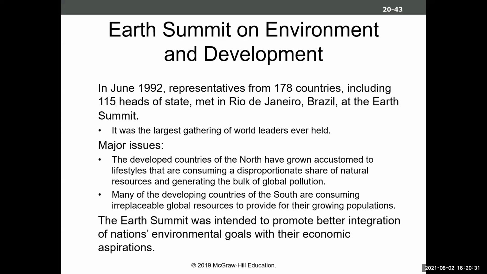So for example, you have the Earth Summit on Environment and Development. In 1992, you had 178 countries meet in Rio de Janeiro, and it was the largest gathering of world leaders ever held. They looked at major issues like developed countries in the north grown accustomed to lifestyles that are consuming disproportionate amounts of energy, generating a bulk of pollution.